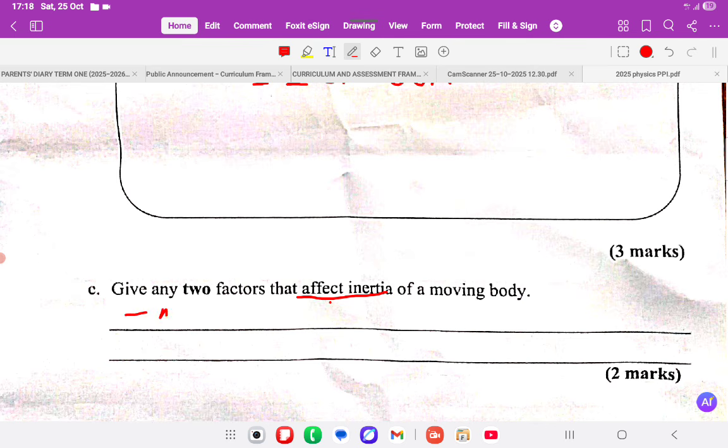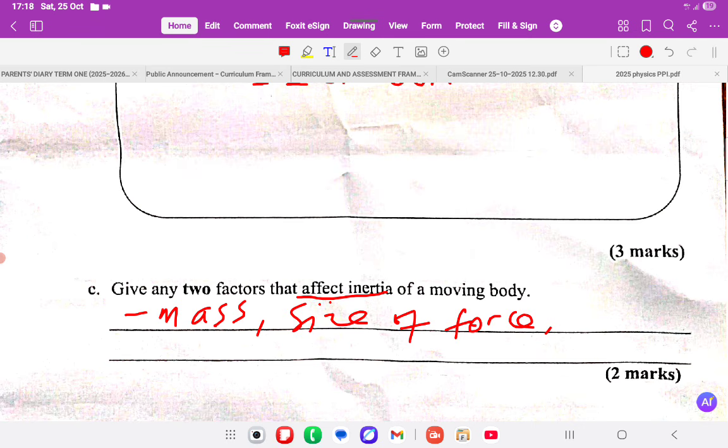We have the mass of the body, but also the type of motion or the size of force. You can include the size of force.